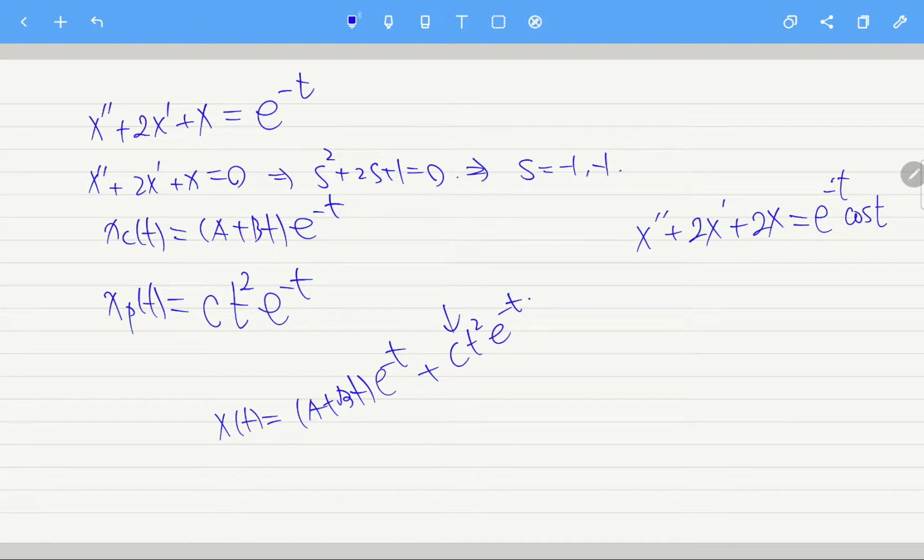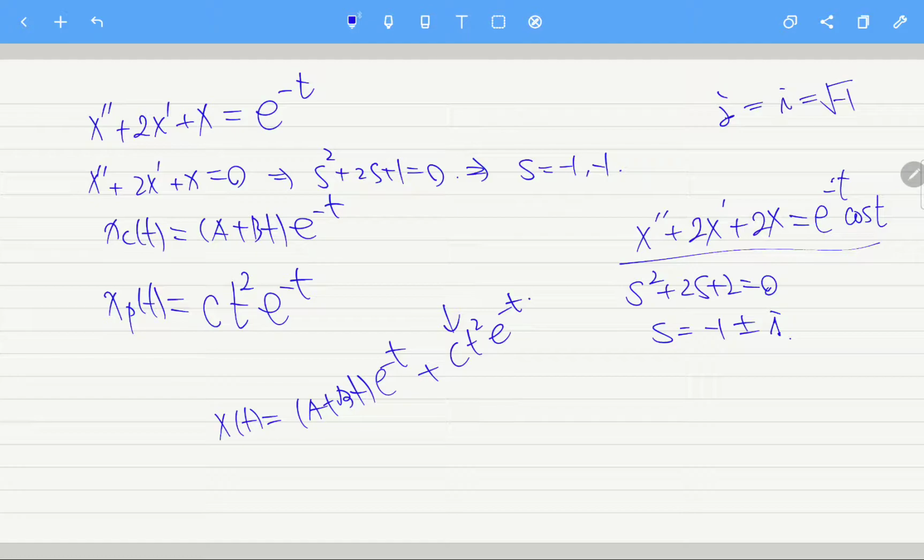cosine t, like this. If you try to solve this one, you have s squared plus 2s plus 2 equals 0. So s will be minus 1 plus or minus i. Usually in electrical engineering or the ECE department, we use j rather than i. j is actually the same as i, which is the square root of minus 1.